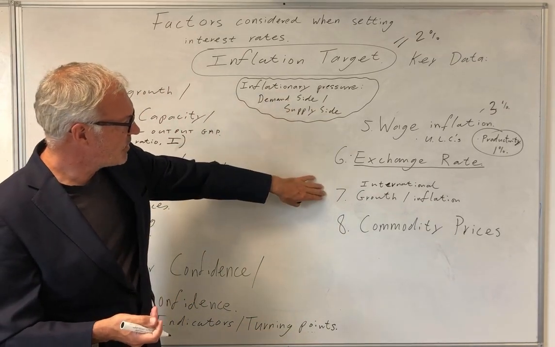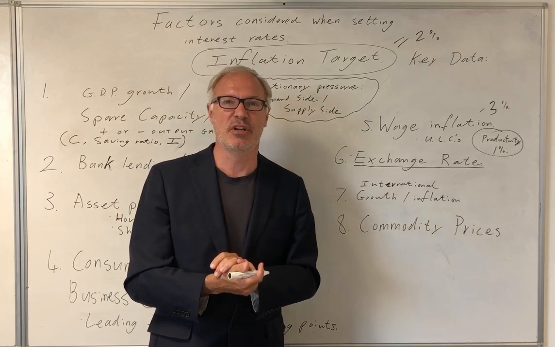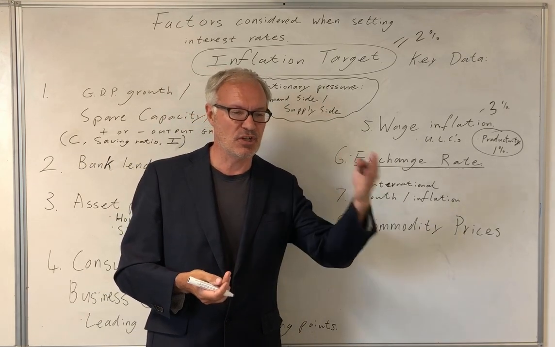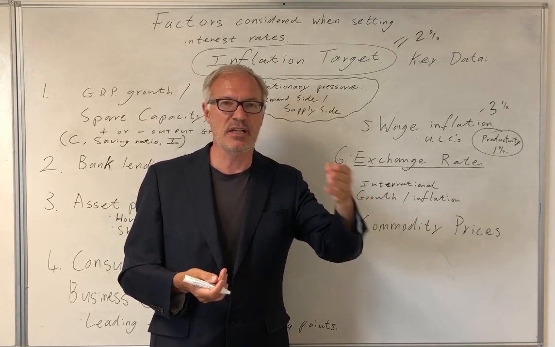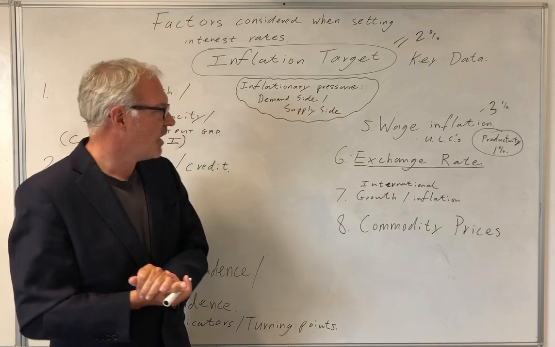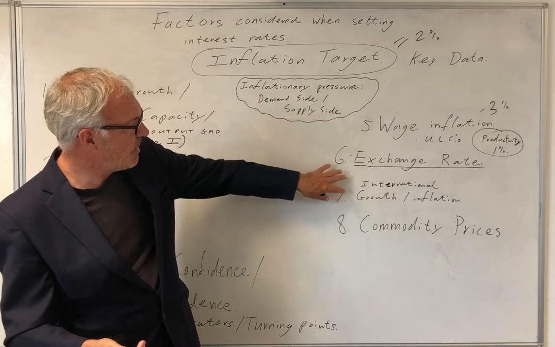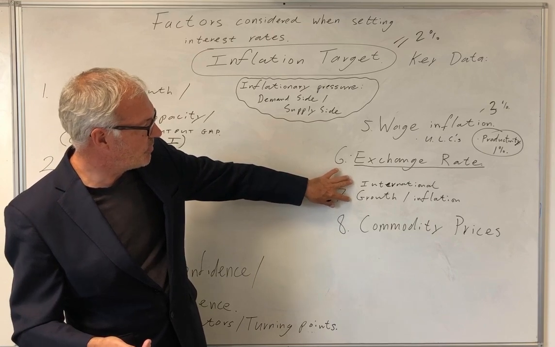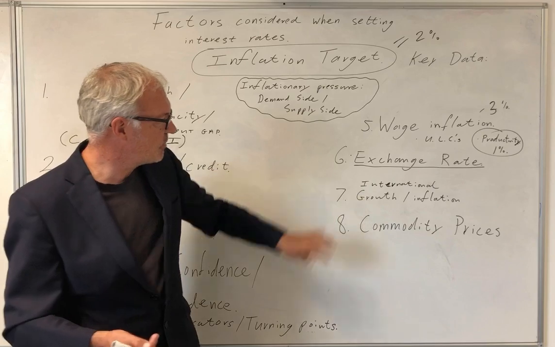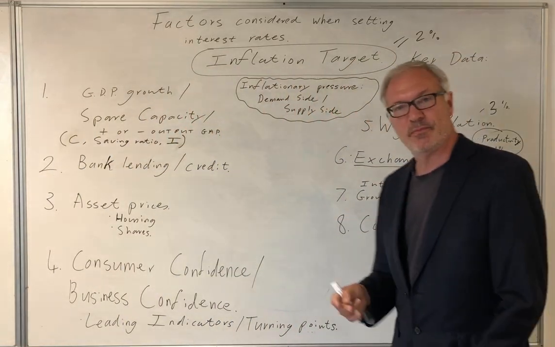And then we come to number 7. You need to also look at international economies. So the big economies in the world, like what's happening in China, USA, Japan, the Eurozone, Britain, et al. France, that's part of the Eurozone, of course. So you need to consider what is happening to growth, what is happening to inflation in those countries, because that will affect your exports.